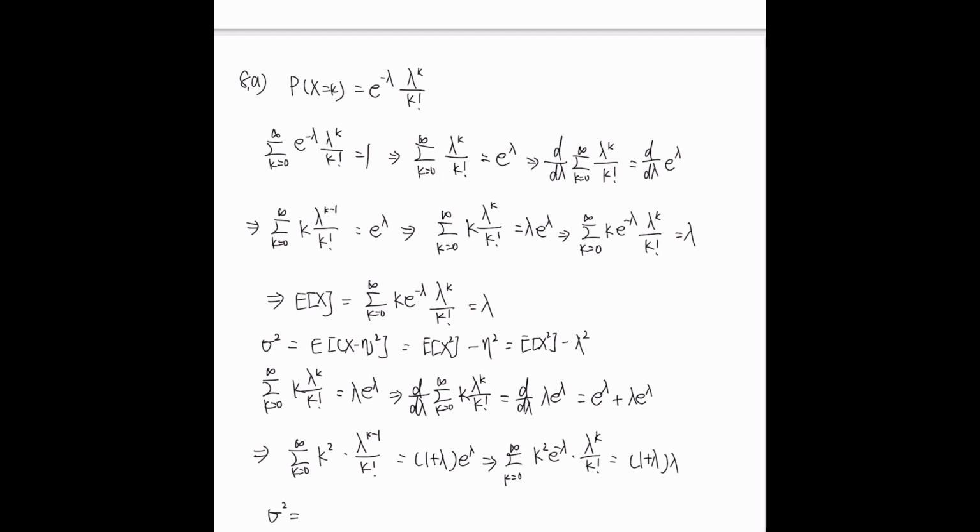And sigma squared equals E of x squared minus lambda squared, which equals (1 plus lambda) lambda minus lambda squared, which equals lambda.